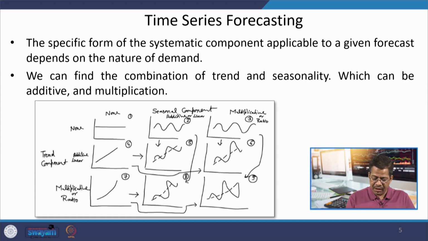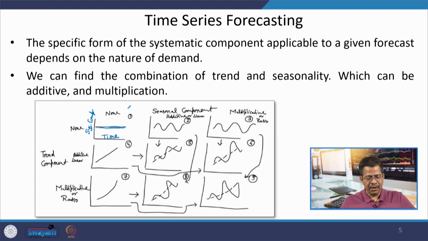So, we have made 9 different types of diagrams where you have different combinations of level, trend and seasonality. If you see in this picture, figure number 1, here neither trend nor seasonality is there. So, you see this horizontal line which is parallel to the x axis. On the y axis we have the systematic component and on the x axis we have time.